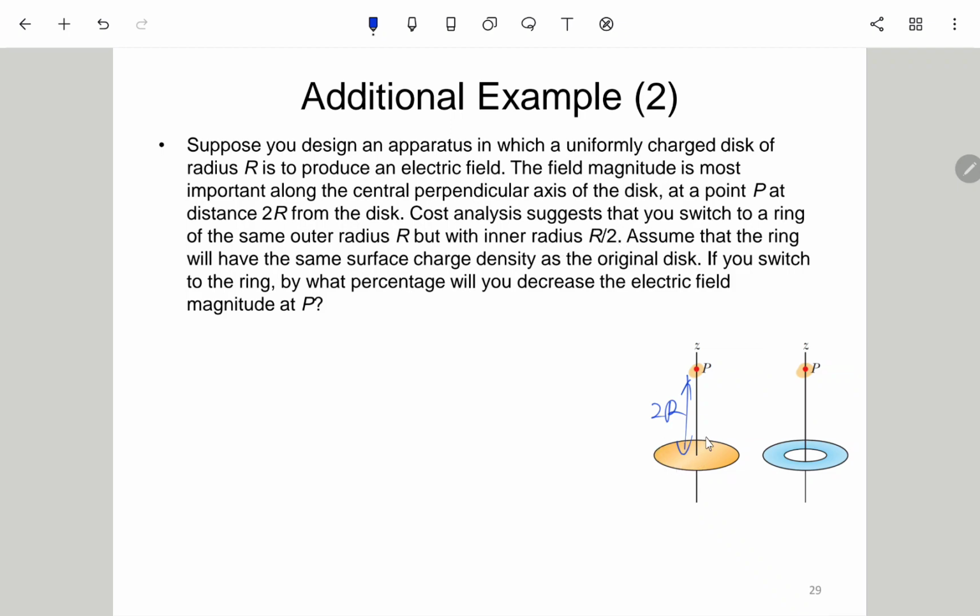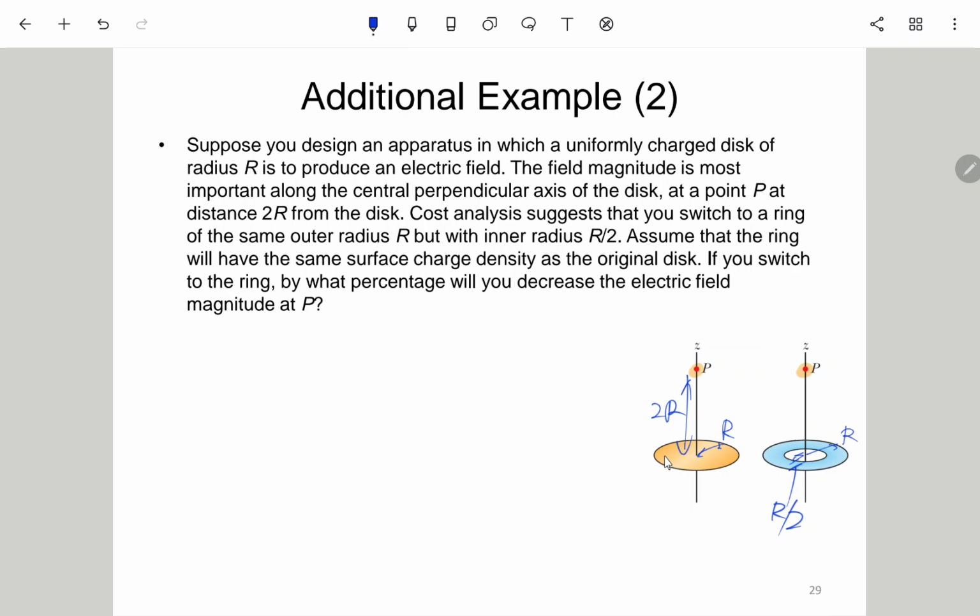So in this case the outer radius is still R, but the inner radius is R over 2. Assume that the ring will have the same surface charge density as the original disk. If you switch to the ring, by what percentage will you decrease the electric field magnitude at point P?